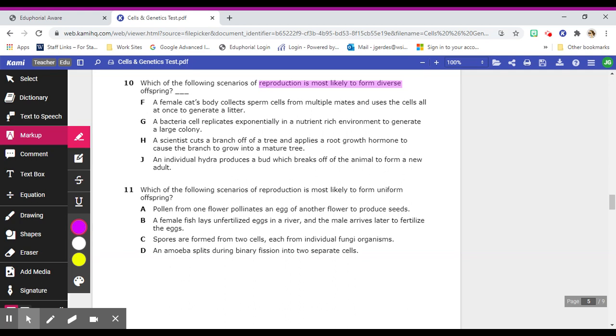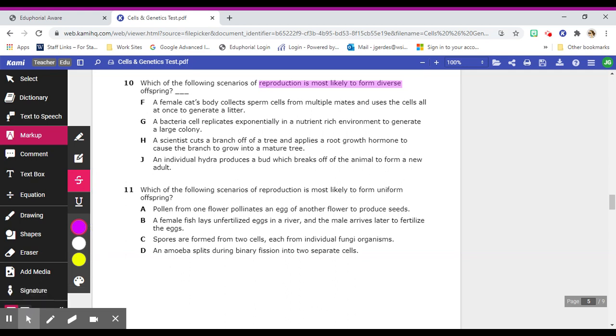Okay, and then H, a scientist cuts a branch off of a tree and applies a root growth hormone to cause the branch to grow into a mature tree. Or J, an individual hydra produces a bud which breaks off of the animal to form a new adult. Okay, so I'm looking for the one that's most likely to form diverse offspring.